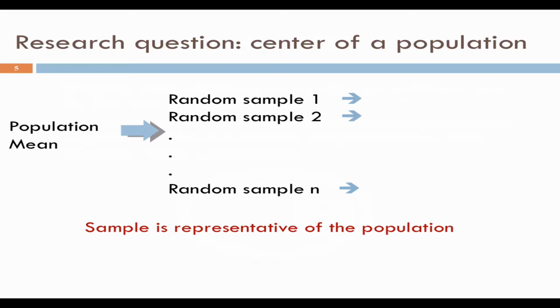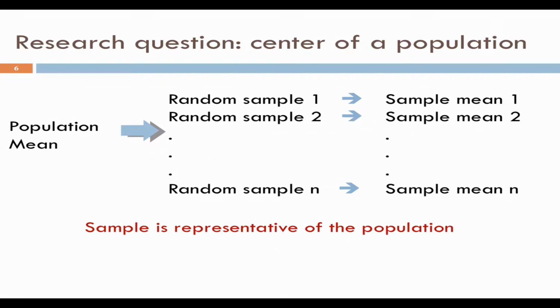The next natural step is to get a sample mean. You can estimate a mean from your sample, a mean age, or mean weight, or mean BMI. Using those means, you can draw inference and try to understand the mean of the population.